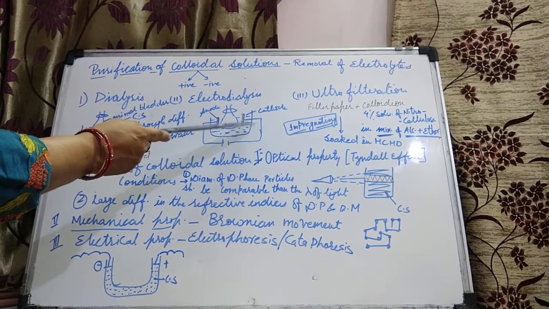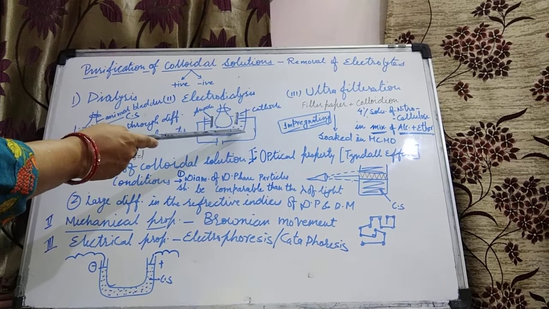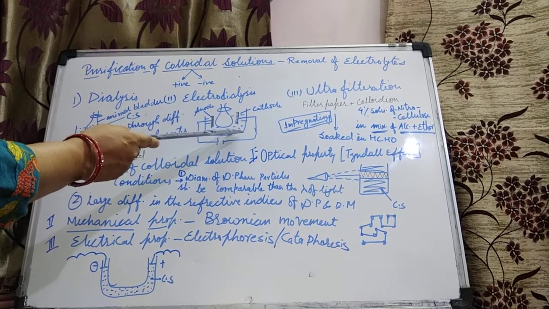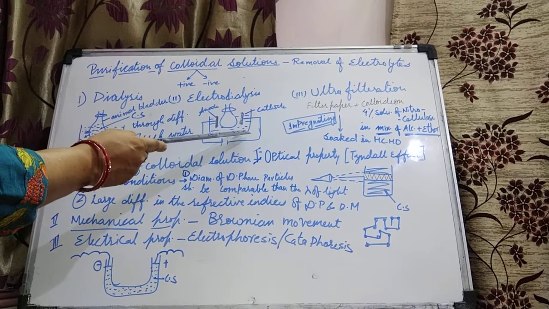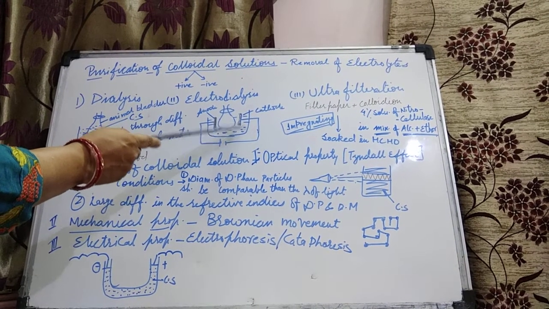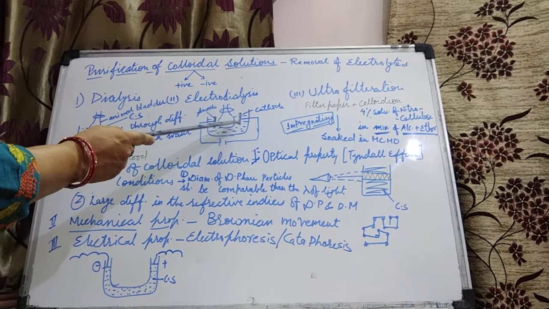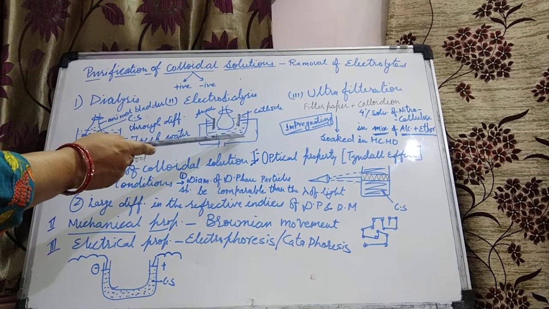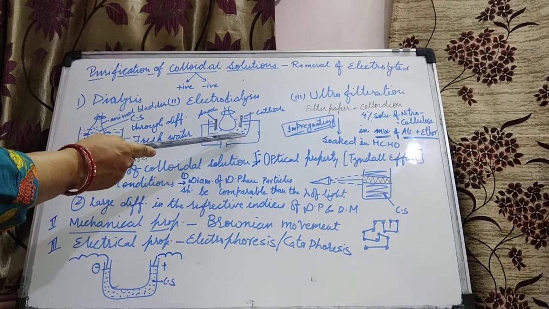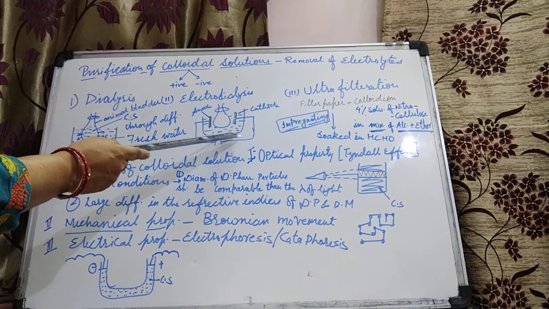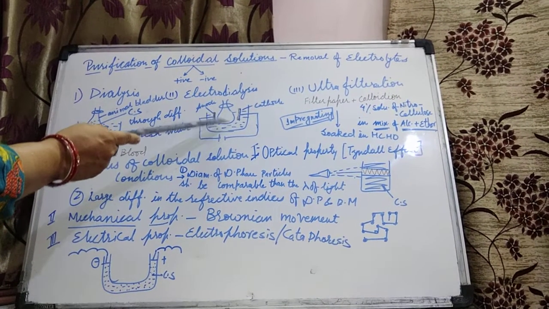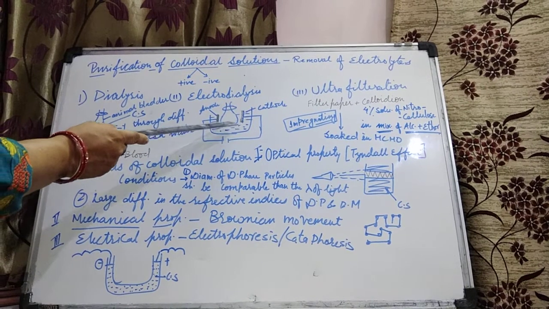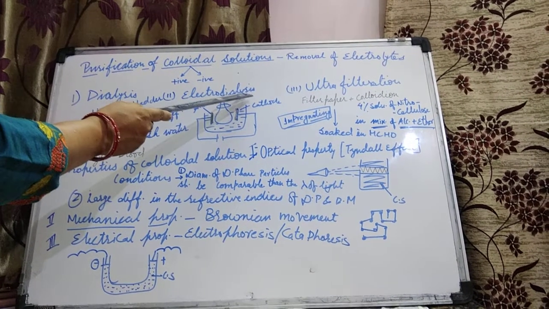Because as we pass current in this trough having fresh water, the kinetic energy of the molecules increases and more water particles hit this bag, and more electrolyte comes out into the freshwater trough. So the rate of dialysis can be enhanced by electrodialysis.